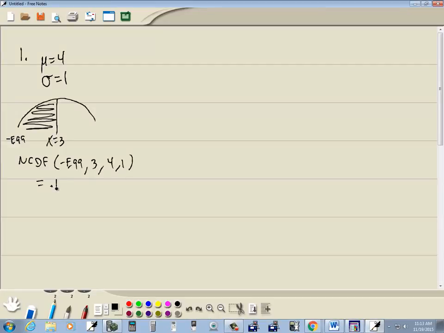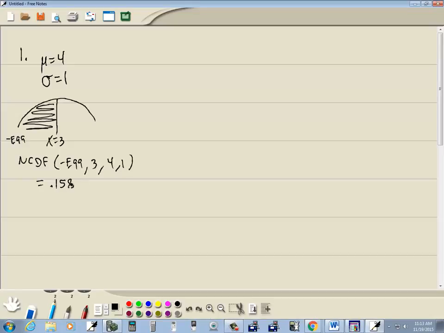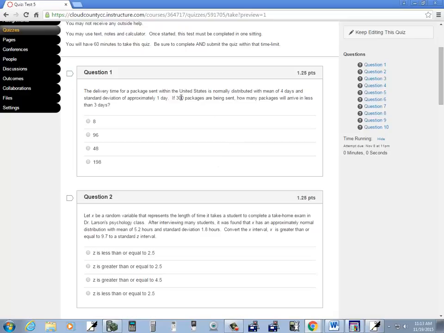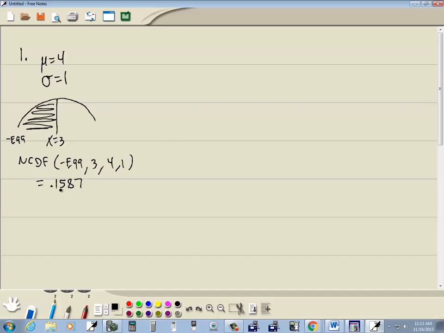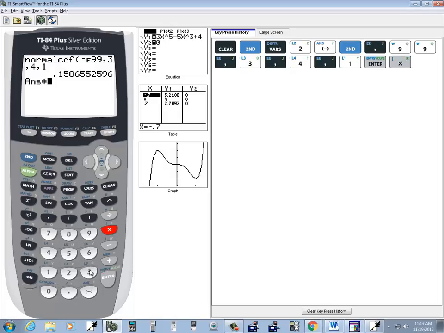So that's going to give us 0.1587, 4 decimal places. But what they're asking about is if 300 packages are being sent. So we need to multiply this by 300 and see how many that equals. It's already in my calculator, so I do times 300. And that would give us, rounding, 48.